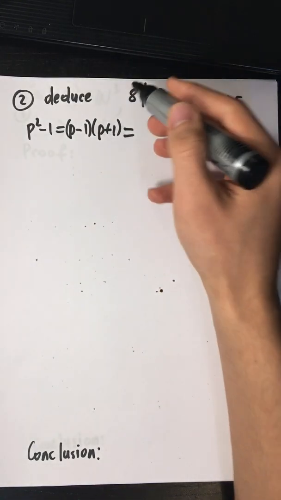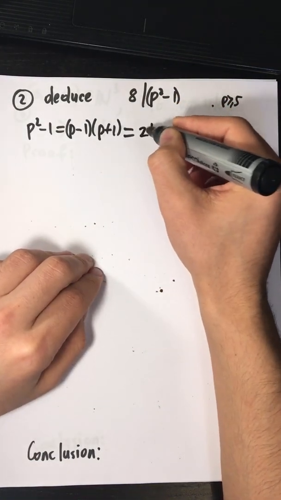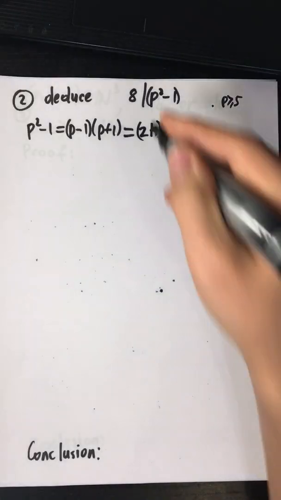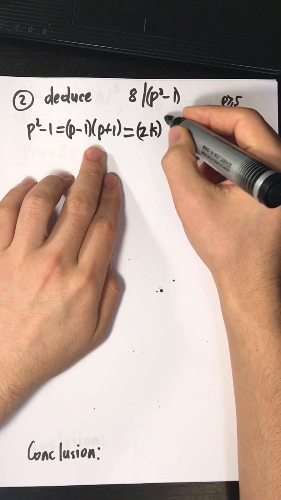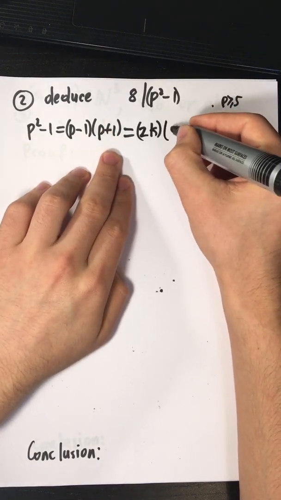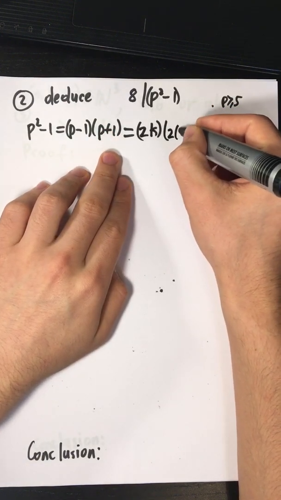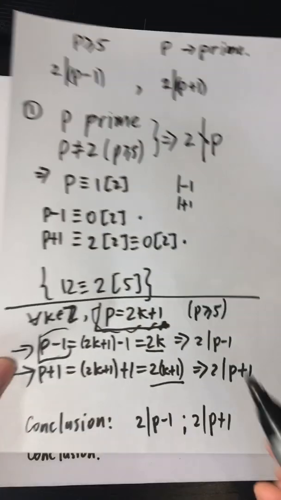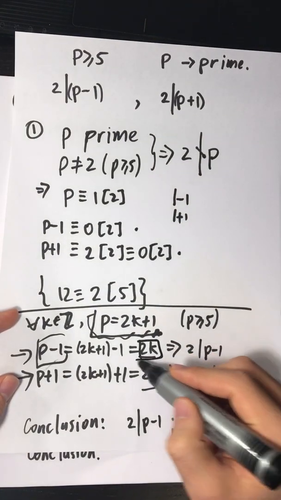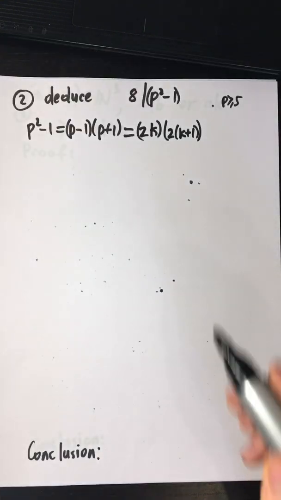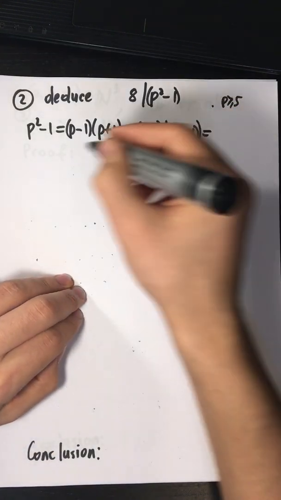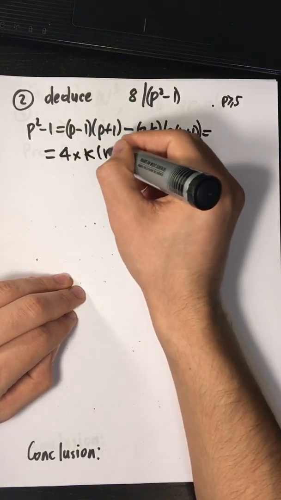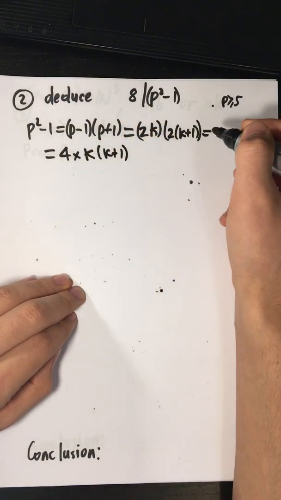Instead of p minus 1, I'm writing 2k, since I wrote it here and don't want to rewrite it. And instead of p plus 1, you can write 2 times k plus 1. What I did is I inserted this one and this one, and here I continue. It's equal to 4 times k plus 1.